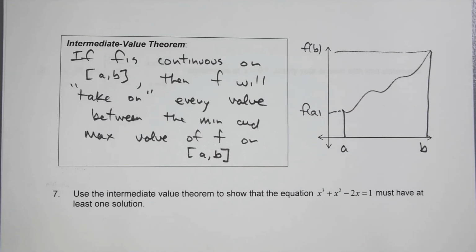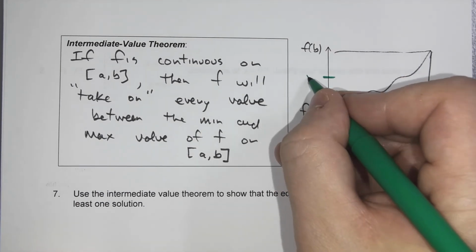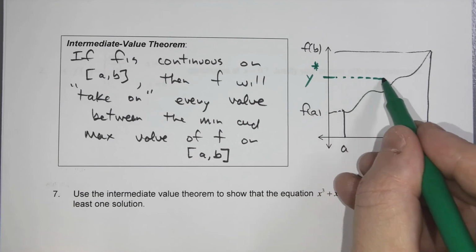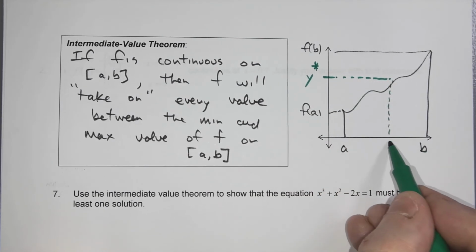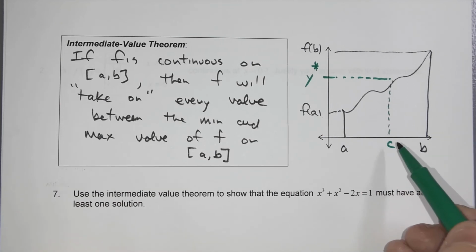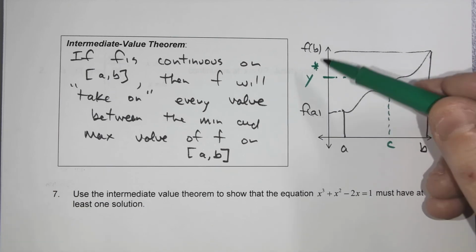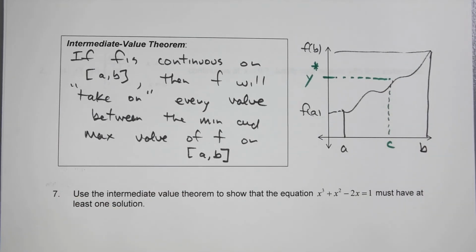What this theorem is saying is that if you give me absolutely any value between that high value and this low value, call it y star, then there must be some number between a and b, call it c, where when you plug c into the function, you get that y star. And that's true for any value between the smallest value and the largest value you ever take on.